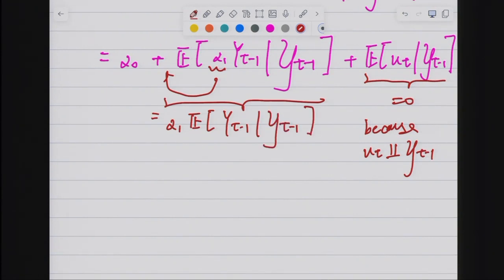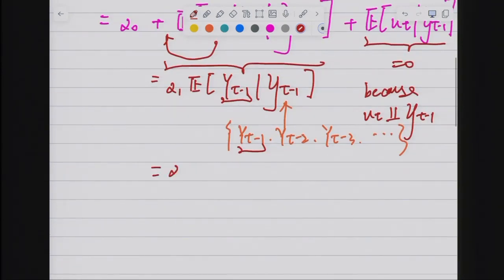Now, everything in the past up to time t minus 1 includes Y_{t-1}, Y_{t-2}, Y_{t-3}, all the way back to the infinite past, which already contains the Y_{t-1} that we attempt to find the conditional expectation for.